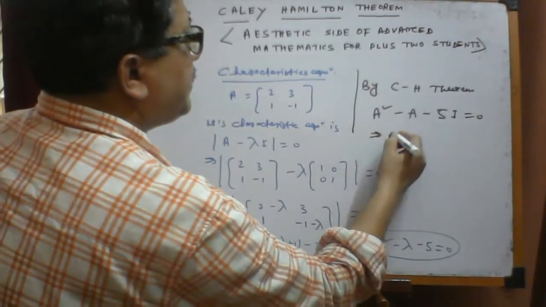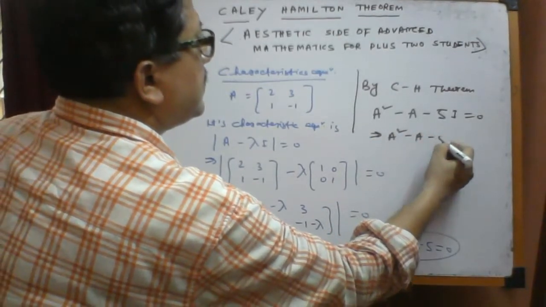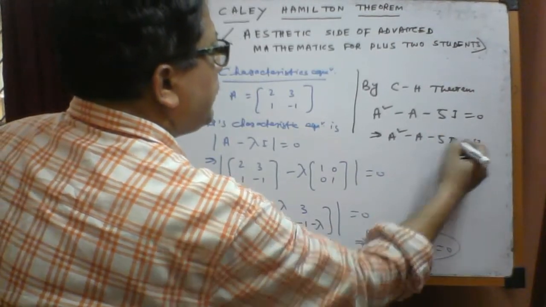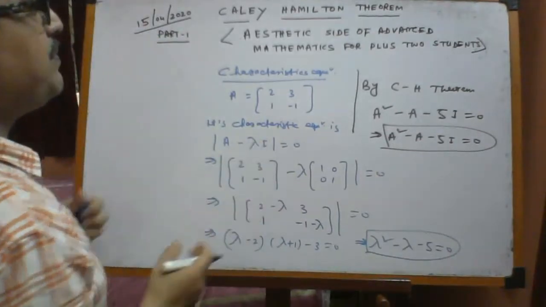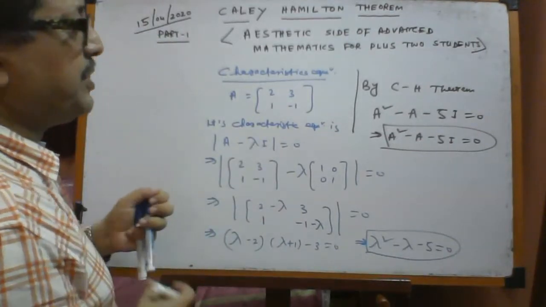So you can get it very fast, that A square minus A minus 5I equal to 0. You don't have to find the square of the matrix or cube of it.